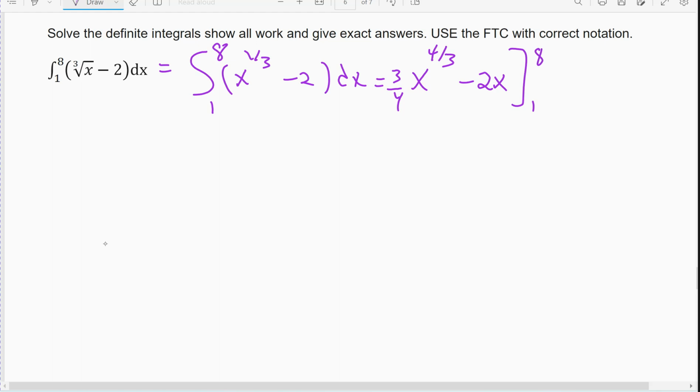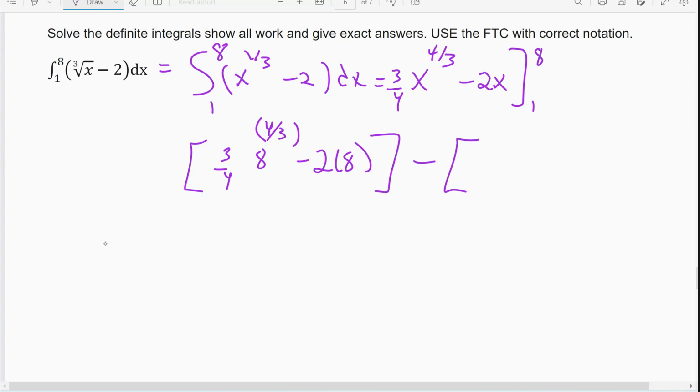So then we plug 8 in and 1 in. And so we get 3/4 8 to the 4/3 minus 2 times 8. That's the first part. And then plug in 1. 3/4 1 to the 4/3 minus 2 times 1.